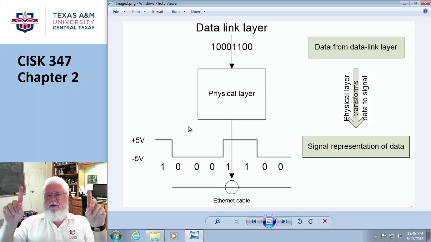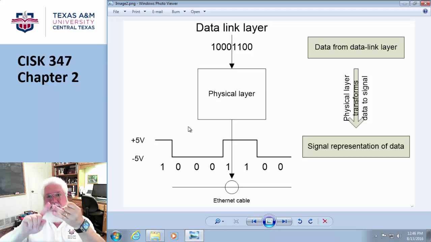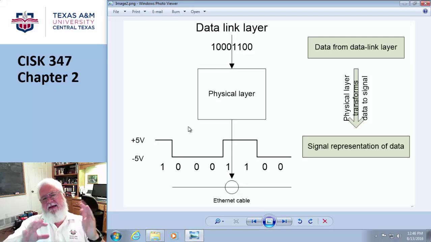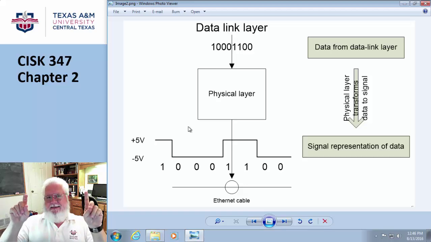Now there are two categories of these. One is called guided media. Guided media basically means it has to follow along a particular path. So now we're talking about wires and fiber optic cable. Those two are guided. The radio, the infrared, and laser aren't really called guided.